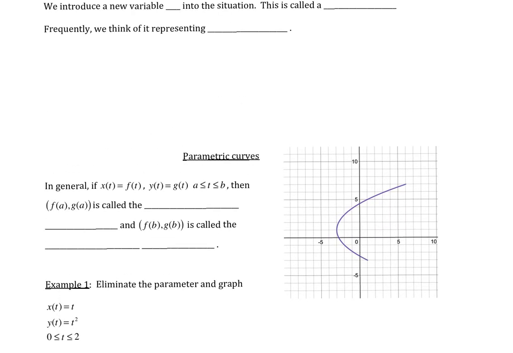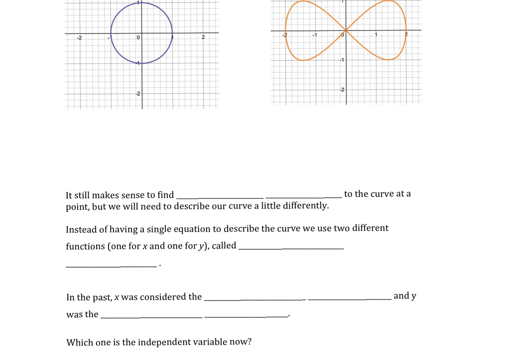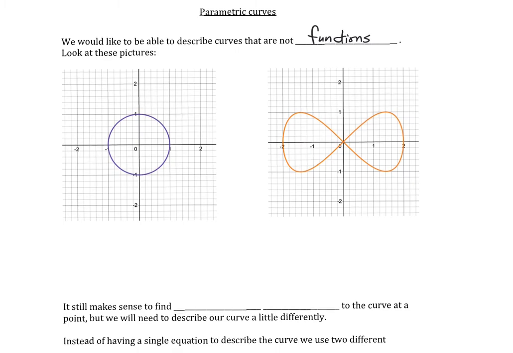All right. Now, even though these objects are not functions, it still makes sense to talk about the tangent line to the curve at a point. But we're going to need to be able to describe our curve a little bit differently. All right.